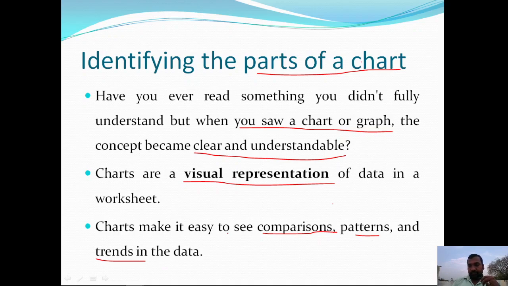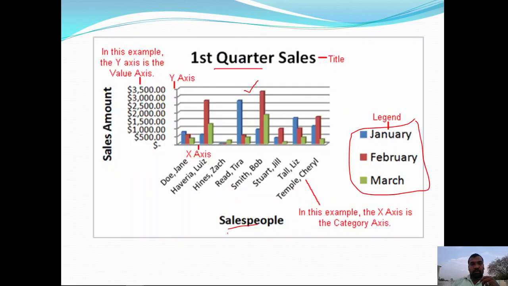Okay, so coming to this diagram, these are the components: the title, this is the y-axis, this is the x-axis, this is the value axis, this is the category axis, and this one is the legend.